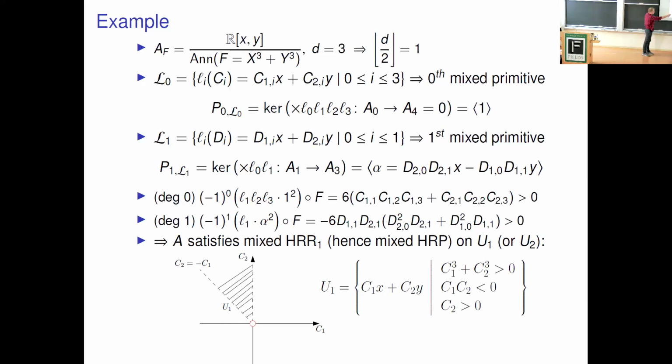So you could imagine that if I had some C1, C2s chosen from this one, and then I chose my C3s down here, I could possibly make this inequality negative, and that would violate my rule. So I can't choose from both of those cones simultaneously. So I guess the message here is mixed Hodge-Riemann is stronger than ordinary Hodge-Riemann in this sense.